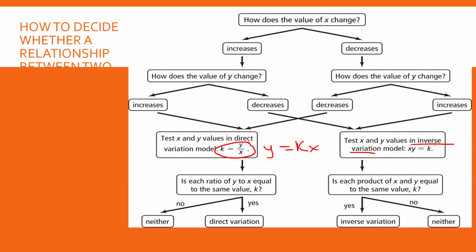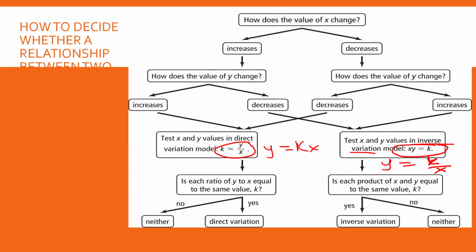Inverse variation is where we have our x times y equals k. And this equation that it comes from is y equals k divided by x. Notice that for inverse variations, your independent variable is in the denominator. So it's not a linear function. It's an inverse function, which we're going to learn in 3.2 is called something else.